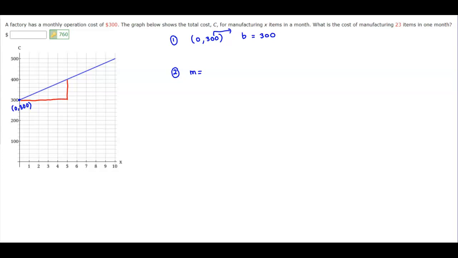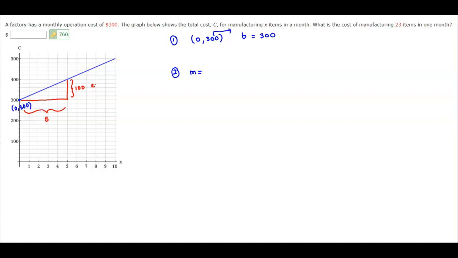Okay, so what is the length from here to there? Well, it's going from 0 to 5, so this represents 5. And if this is 400 and this is 300, then this represents 100.